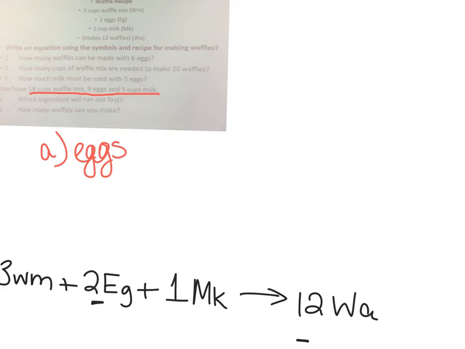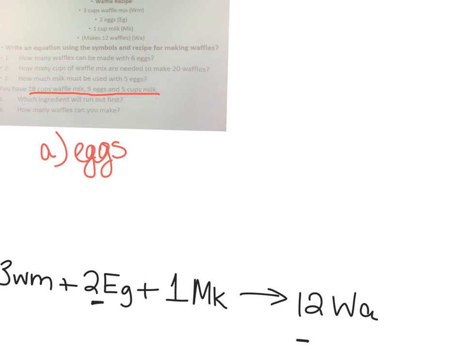18 over 3, 9 over 2, 5 over 1. Did you guys hear that? How many of you did it that way, where you took the 18 divided by 3, 9 divided by 2, 5 divided by 1?